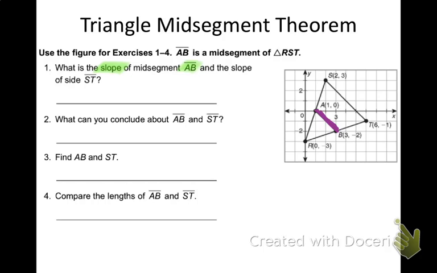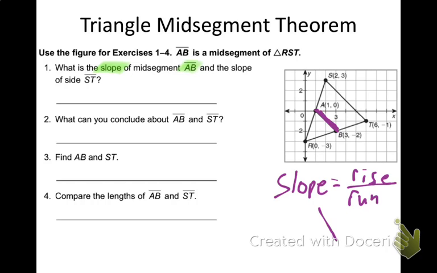Now let's recall from yesterday. What's another way to think of slope? Instead of using the slope formula, I can do what? Rise over run. Okay, slope is rise over run. 2 over 2 is 1. Now, some of us were struggling with this yesterday in our homework. As we think about it, is that slope going to be positive or negative?